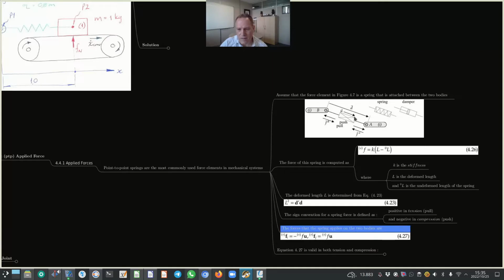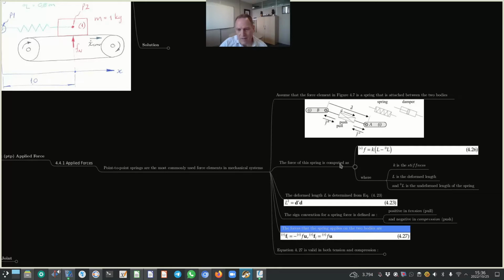Alright, so if this spring, or this force element, is pulling on body I, it will mean that the force that is acting on body I is in the opposite direction to the unit vector u, and that's why we have this negative sign over here.